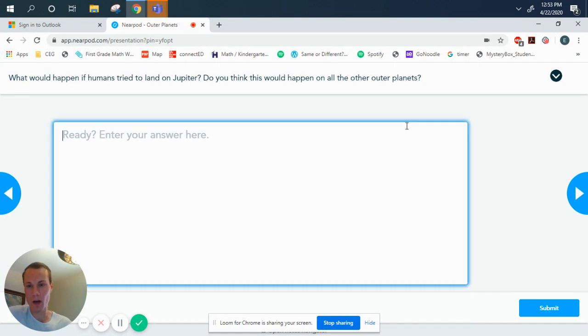One thing you should be writing about is we just keep on falling, right? If it's made out of gas, there's no hard surfaces or solids for our bodies to land on. So we're just going to keep on sinking farther and farther into the gas.